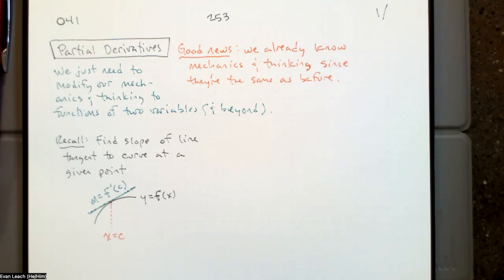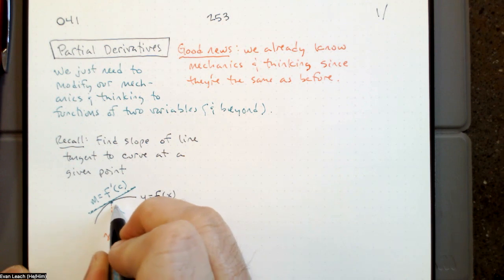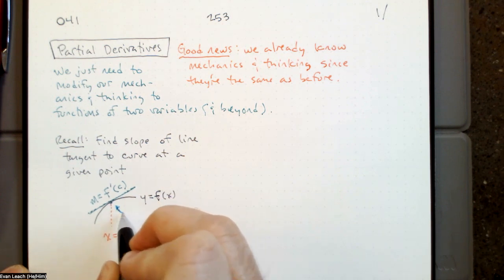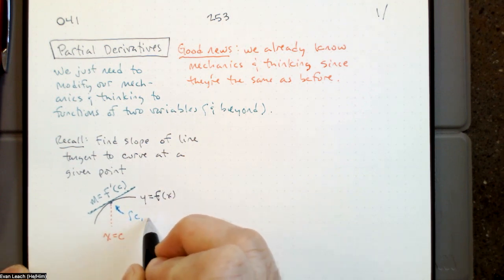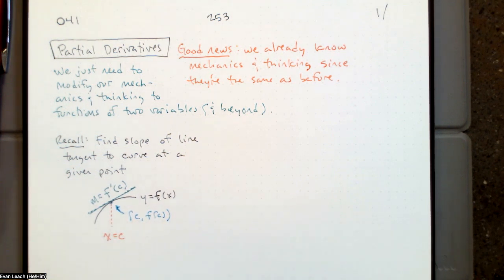The equation of the tangent line, we have a point and a slope, so we can describe the equation of the tangent line. So the point over here would be c comma f of c. So our location is c, f of c. Now that we have a point and a slope, we can write the equation of the line.